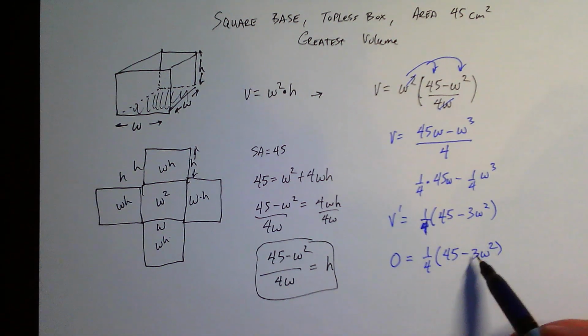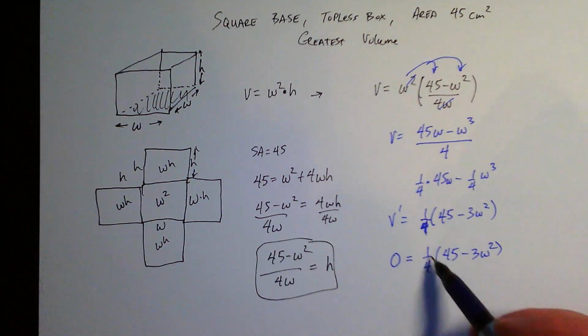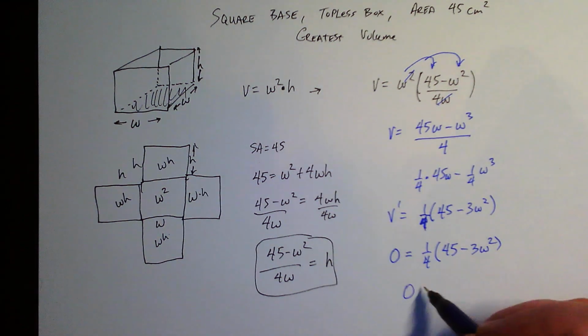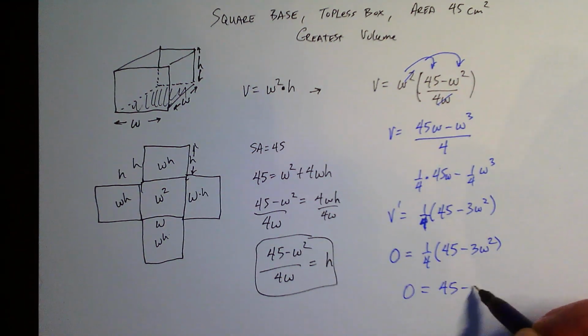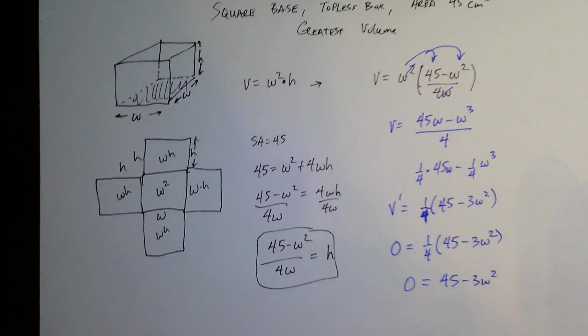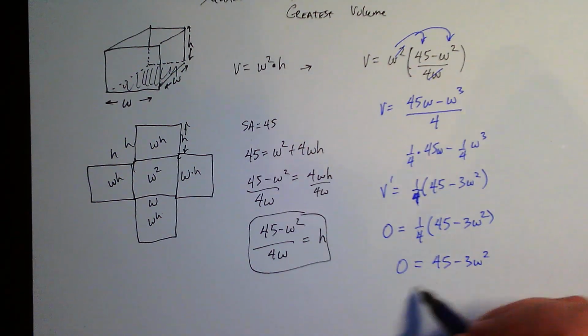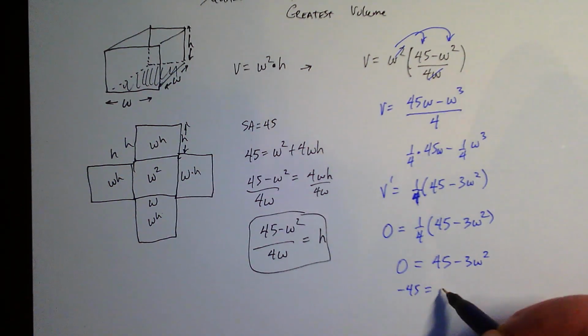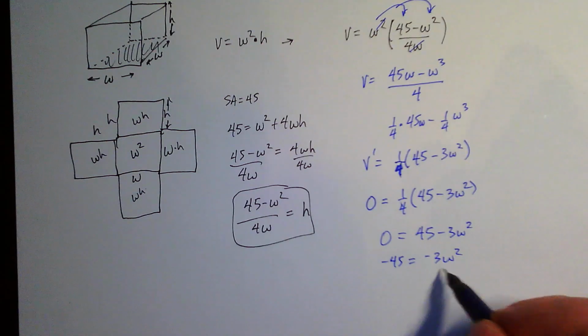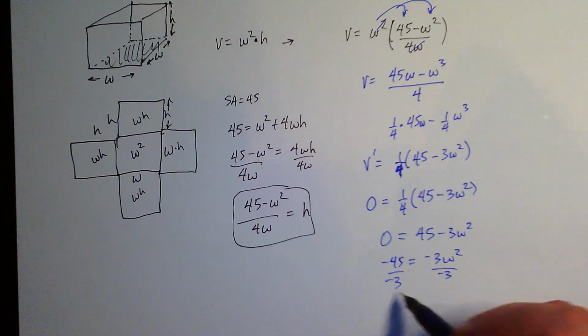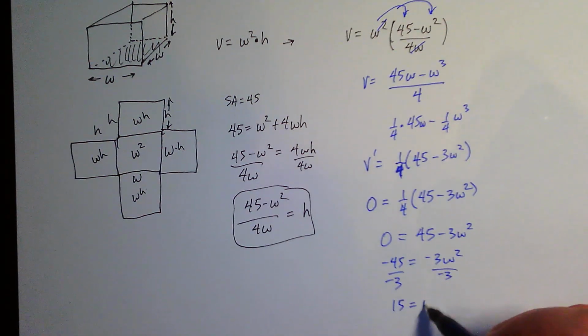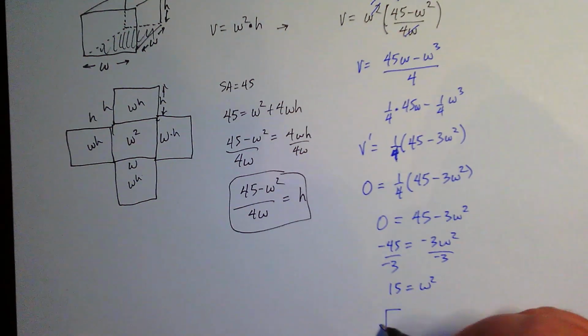It's just one number times 1/4 is 0. So since 1/4 can't equal 0, this has to equal 0. Right? So we solve that. Subtract 45. Divide by 3, and we get 15. So the square root of 15 is equal to W.